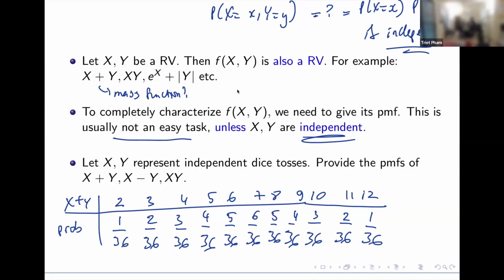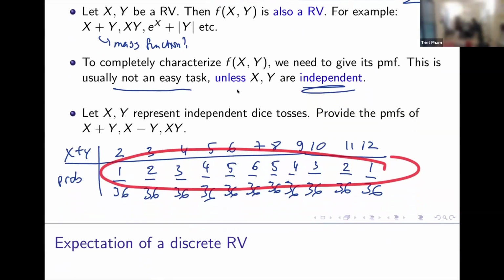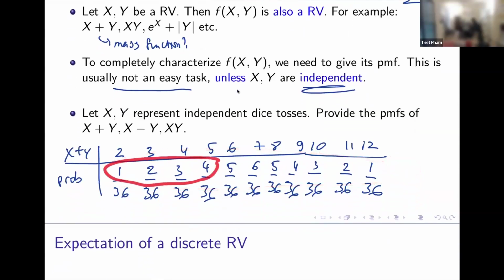Right, that's done by counting. But how do we know, at least what check should we do to make sure that nothing is blatantly wrong here? We should try to add these to make sure that they sum to 1, right? So what would you have here? This is 10, 20, so that's 30, 36.